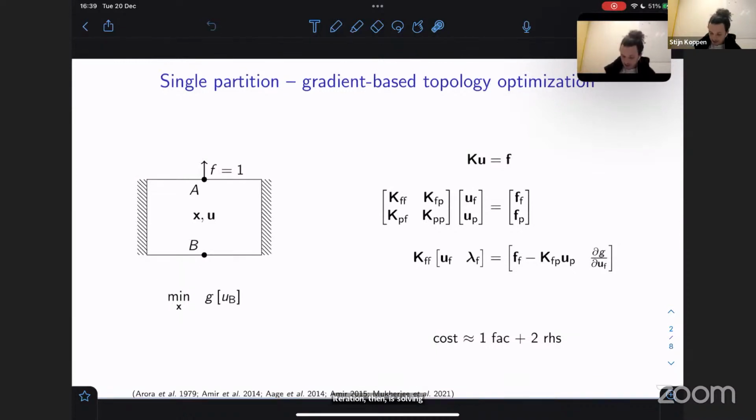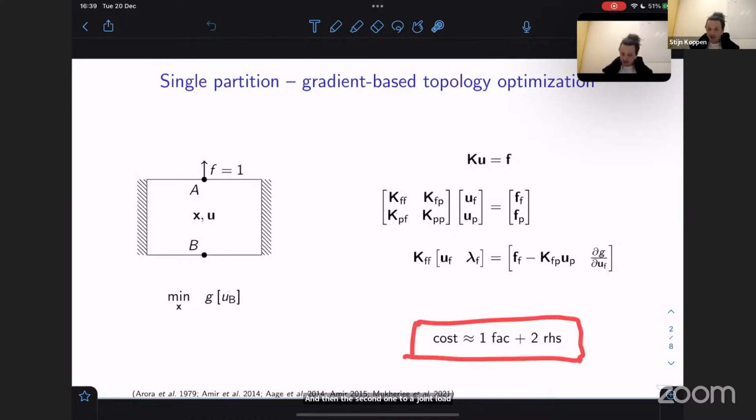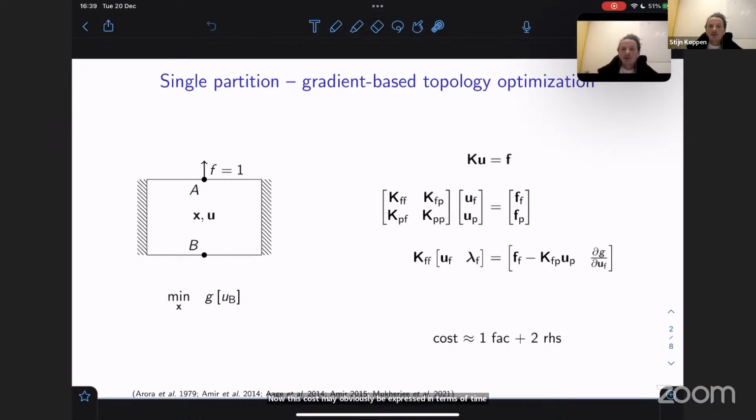In this case, that cost will be a single factorization of this system matrix, and in this case, 2 right-hand sides. So the cost associated to that is the back substitutions that are first of all related to the forward load, and then the second one to the adjoint load. Now this cost may obviously be expressed in terms of time or also in the number of operations.